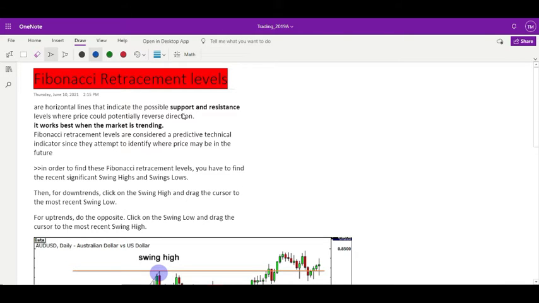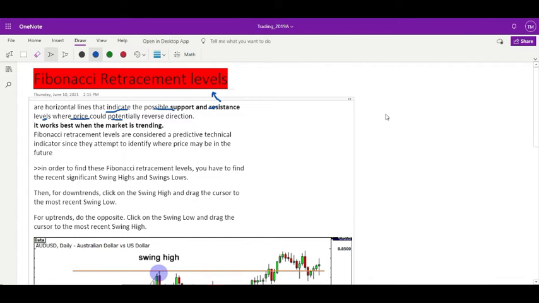You need to know that Fibonacci retracement draws what you call levels, right? These are the levels that we are talking about. These levels are horizontal lines that indicate the possible support and resistance levels, where prices could potentially reverse in an uptrend or downtrend.